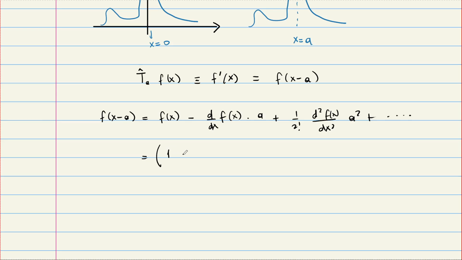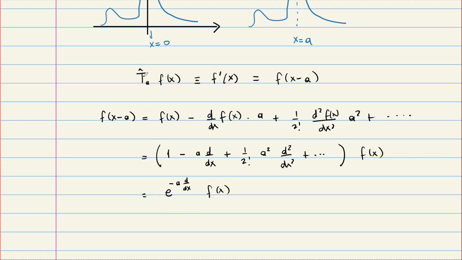So this is 1 minus a times d over dx plus 1 over 2 factorial a squared d squared over dx squared plus dot dot dot, acting on f of x, right? And we know operators are defined by their Taylor expansion. Then I can exponentiate this and write this as e to the minus a d over dx acting on f of x. Good, simple stuff.